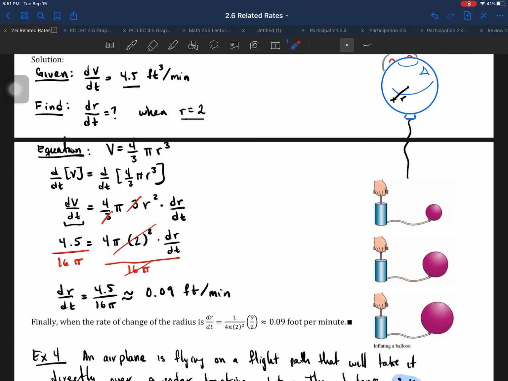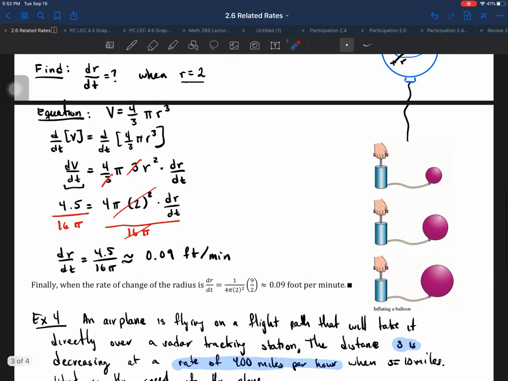So what do we do with this? 4 pi times the derivative of r cubed. What do we do with the 3? We multiply it with the r, take away 1 from the power, and then multiply by the derivative of the inside, which in this case, r is the inside. So that would be dr/dt. Notice that we don't know what that is because that's what we're looking for. Then we're going to solve for this by dividing both sides by what we have here, right?